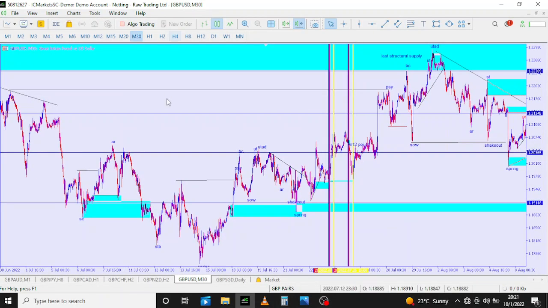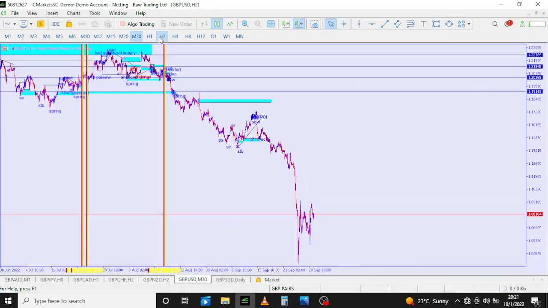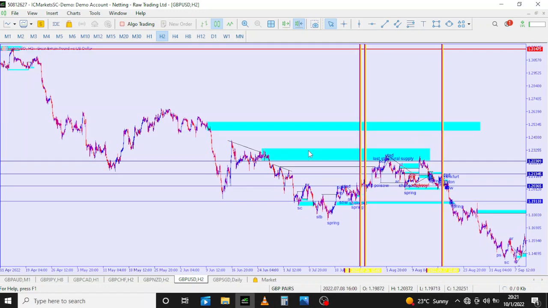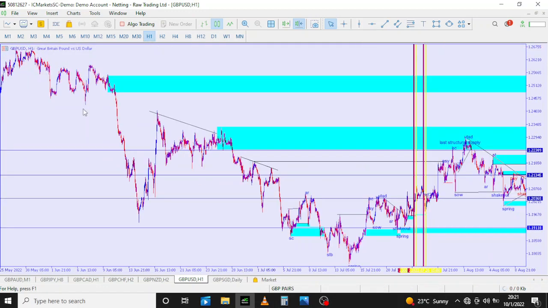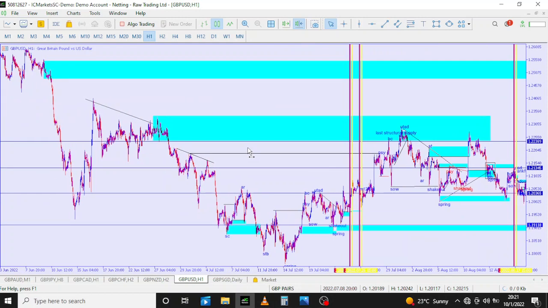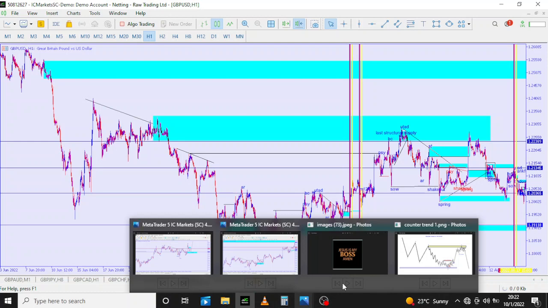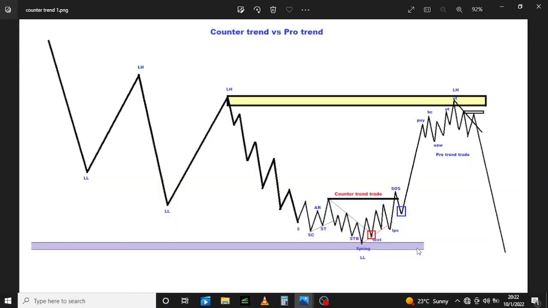Yes guys, this trade, this was our trade. This is one of my confirmation counter trend trades where I buy it to sell it at the top.